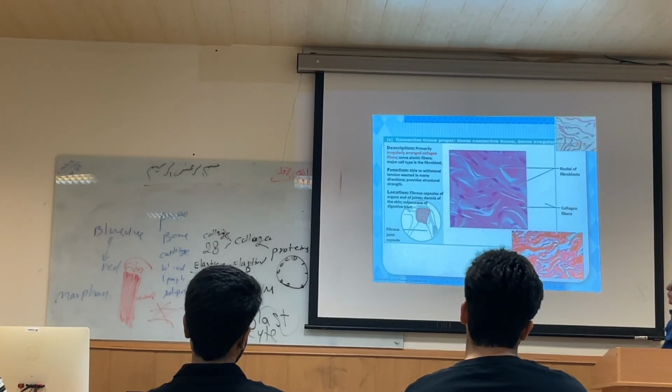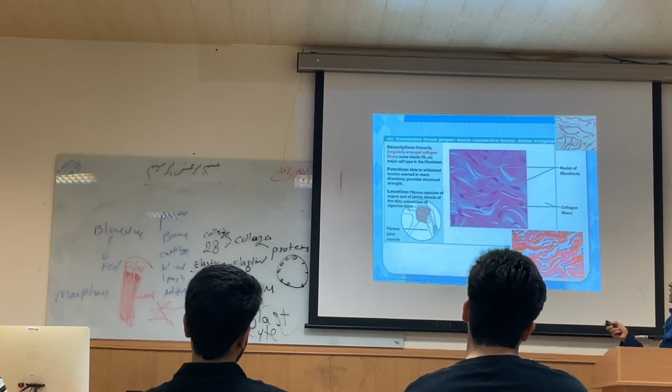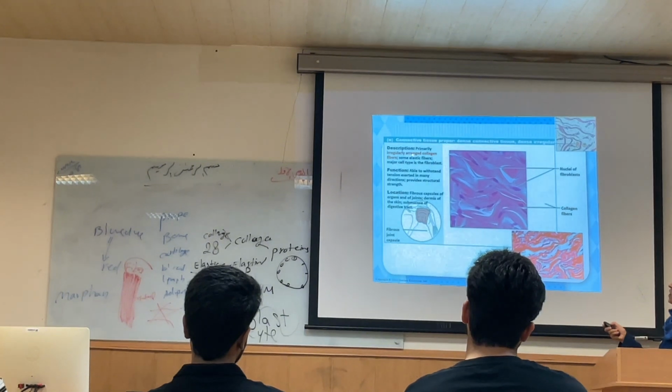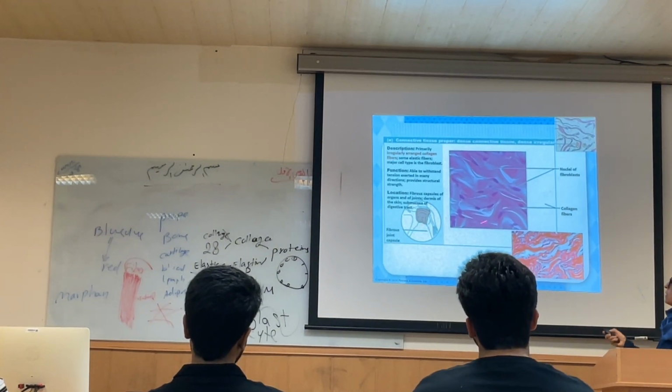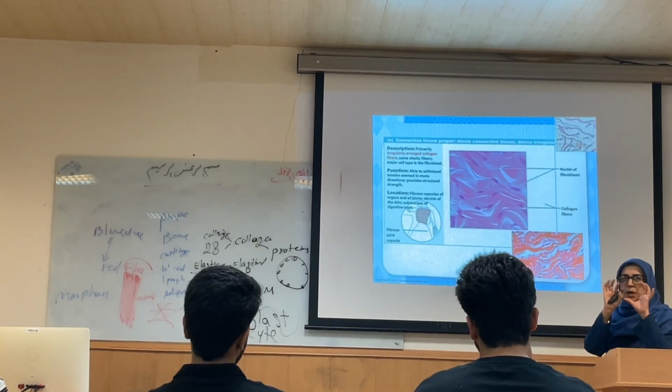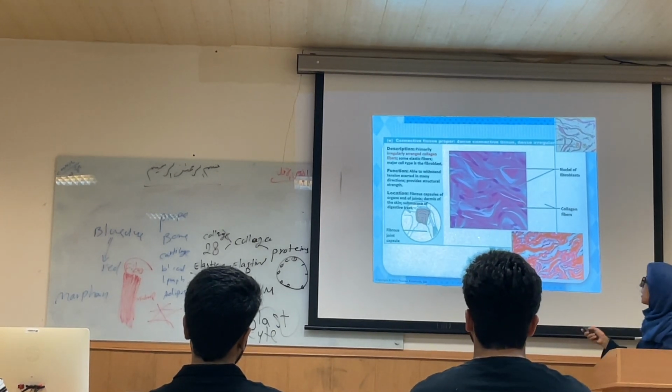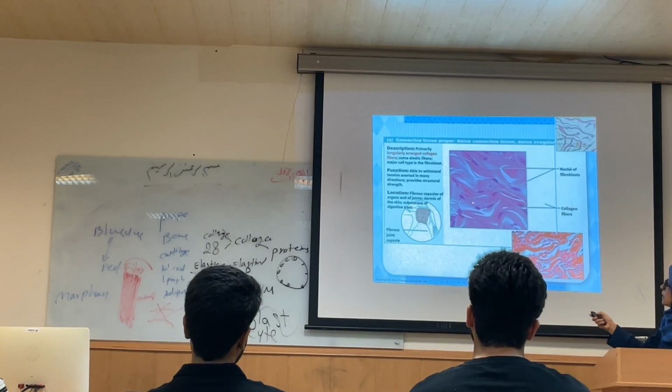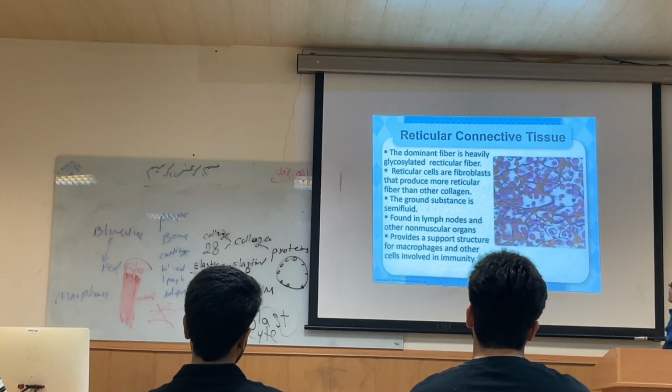In irregular connective tissue, the collagen fibers are arranged irregularly. In the dermis layer, we can see some collagen fibers in different directions, for example, these are in a different direction to this one.